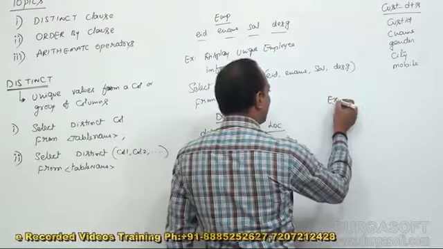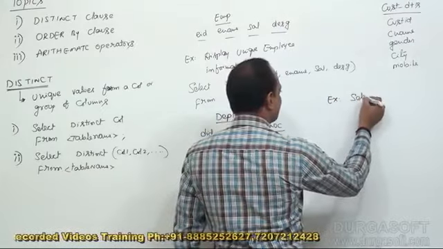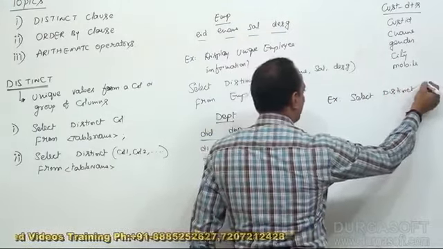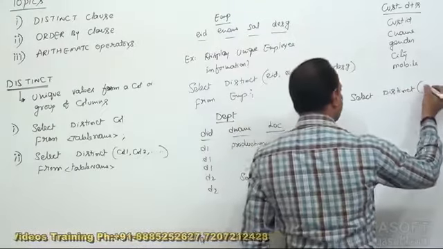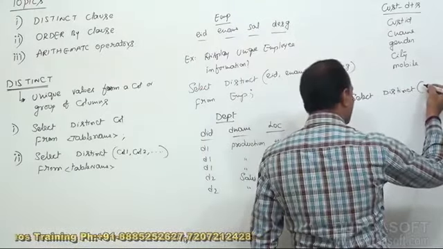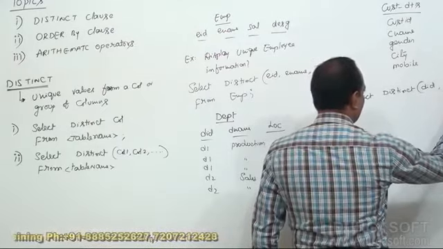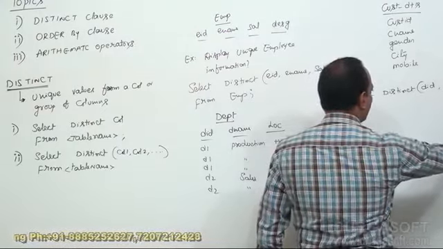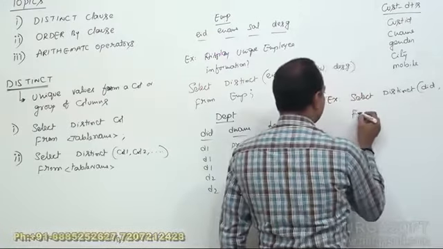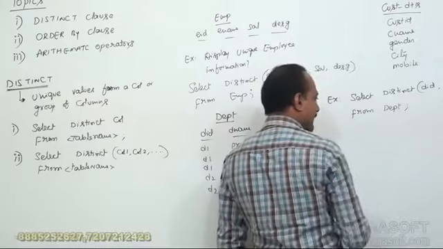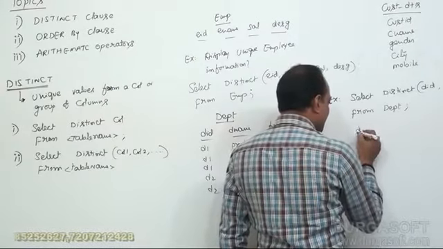Then you can apply the example like this. Select. Here I am applying distinct. Open the parenthesis. Why? Because you are applying the distinct clause on multiple columns: department ID, department name, and the location of the department, from the department table. Then it will display the sample output like this.